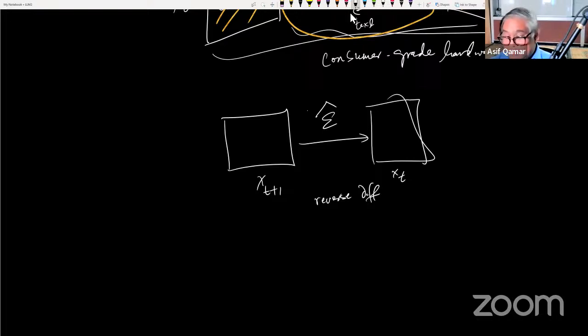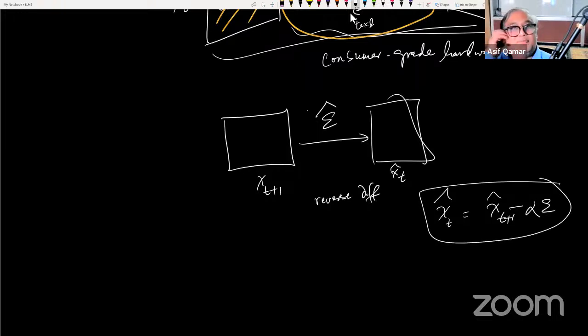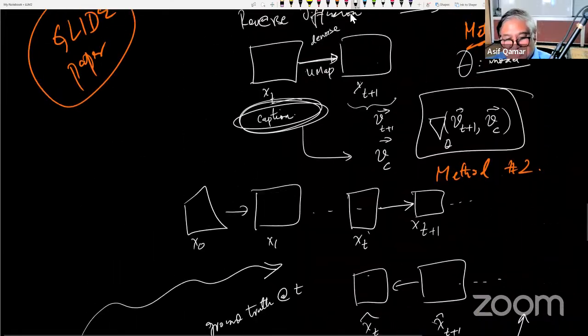I misled you by saying xt hat is xt plus 1 minus epsilon. Now I make a correction. It is actually that you take only a little bit, maybe half, maybe 1/5. Remove a little bit of the noise. Don't be completely greedy, because remember, your noise prediction may not be very accurate. So take a little bit of the noise out, not completely.